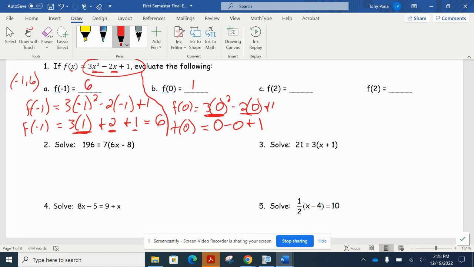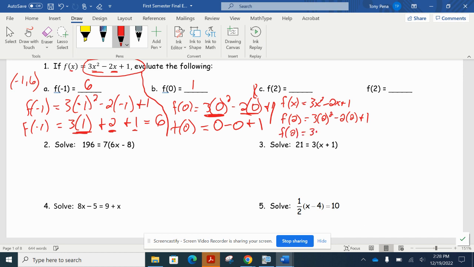If we do f of 2, same thing. You're going to take that original function of 3x squared minus 2x plus a 1. Substitute in a 2 wherever you have an x. And then evaluate that.